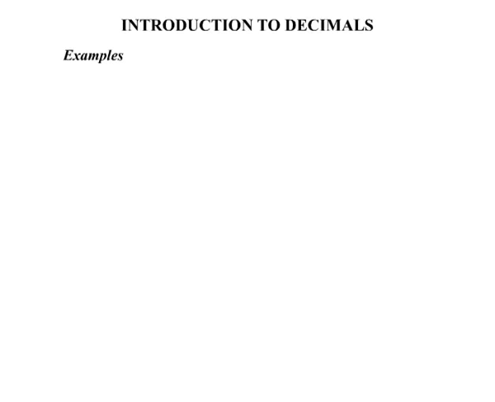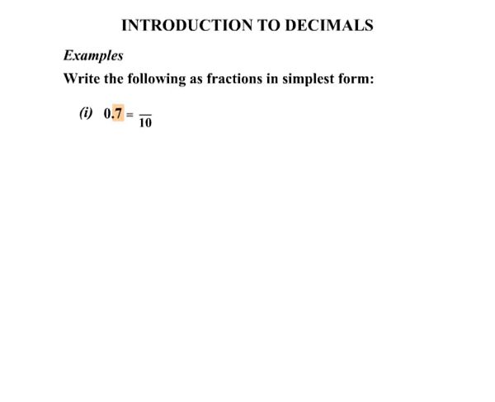Moving on now. We're asked to write the following as fractions in simplest form. 0.7. Well, because it's one decimal place, we're going to write it over 10, and we have 7, so it's 7/10ths. Now we can't break that down any further, so that's our answer. 0.23.